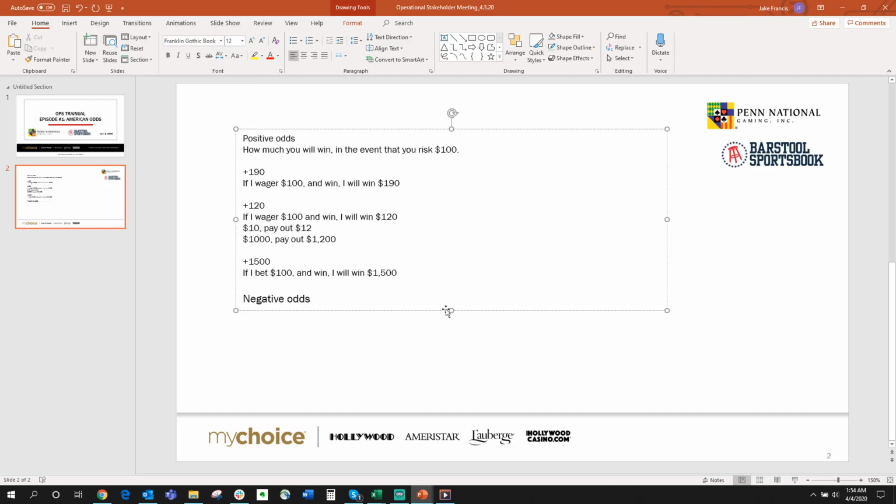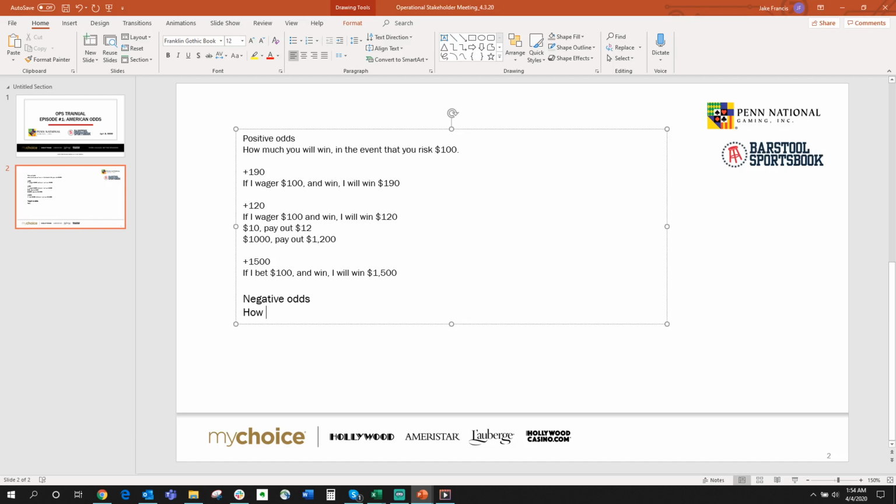So let's take a look at negative odds. So negative odds are interesting in that they have the exact same type of theory behind them. So if you are on a game with negative odds, then that is saying how much you need to risk in an effort to win $100.